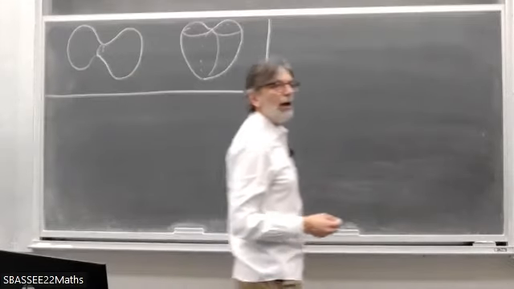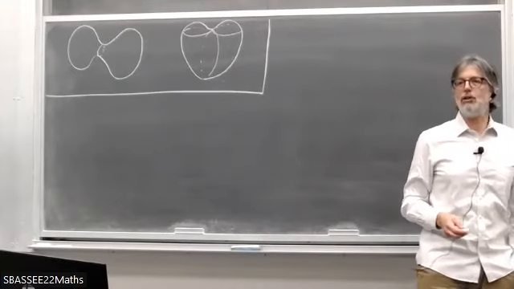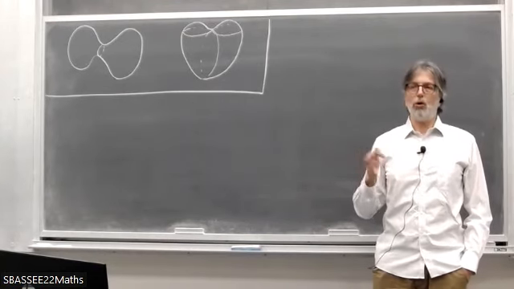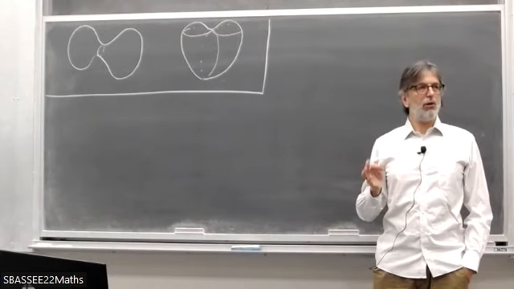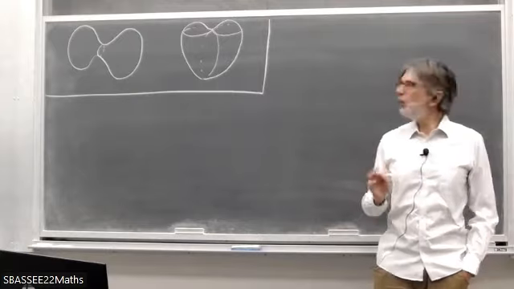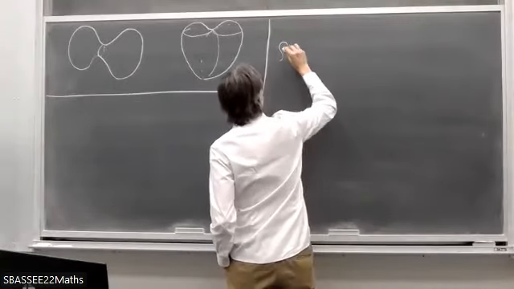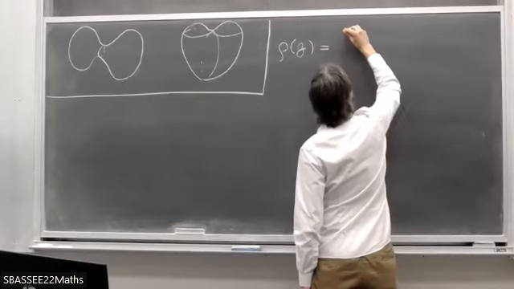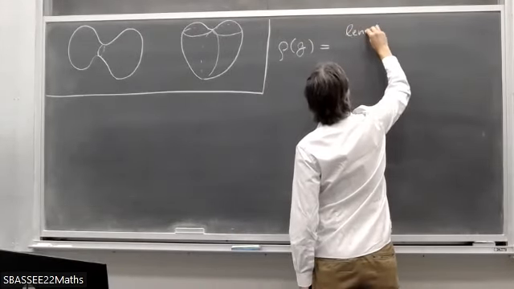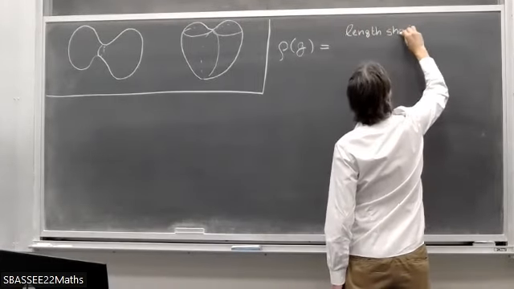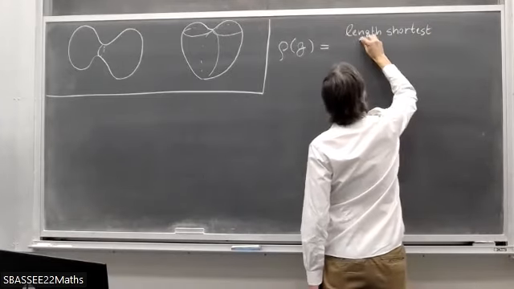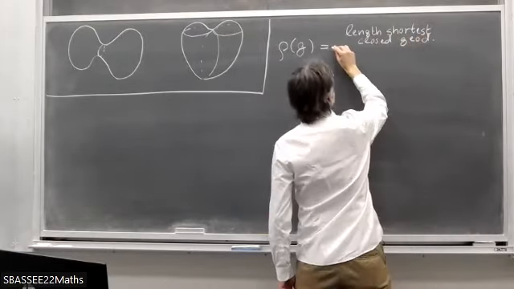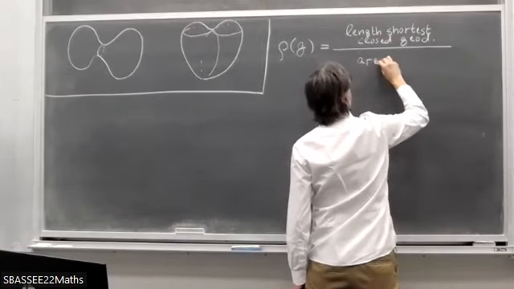A good way of visualizing this is to take the shortest closed geodesic and divide by the surface area.